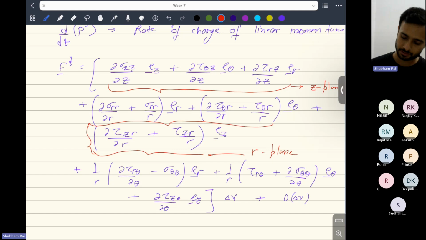So the last three terms are on theta plane.